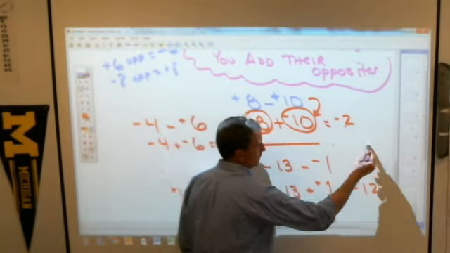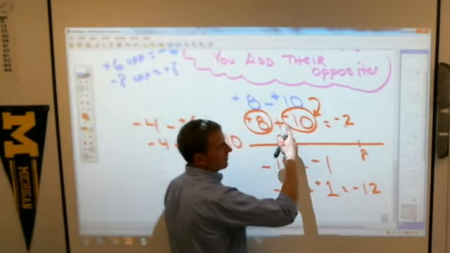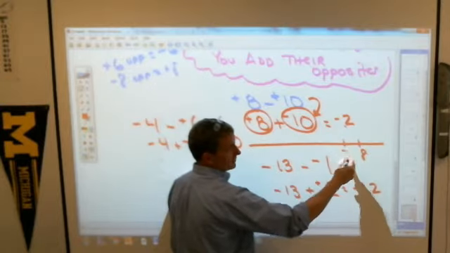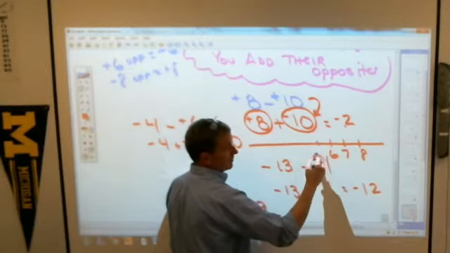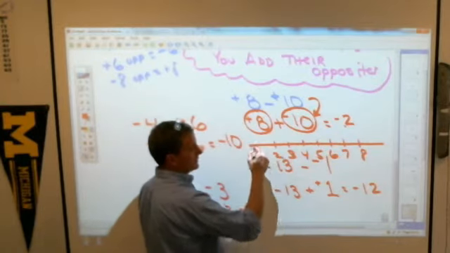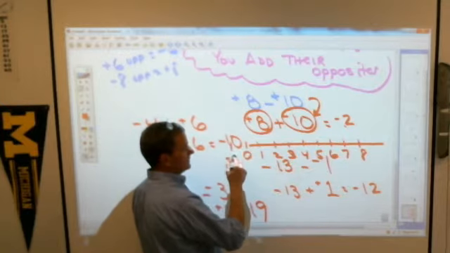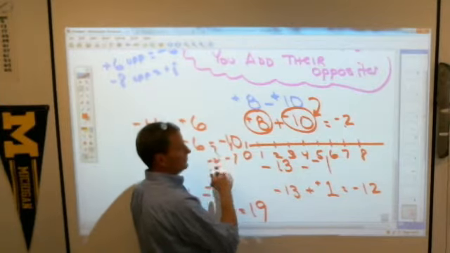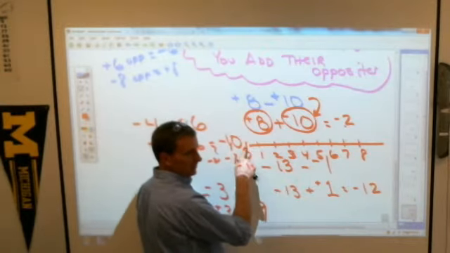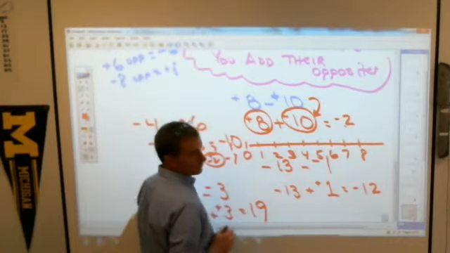Or, if you want to see it on a number line, you're starting at positive 8, and you have to come backwards 10 places. 1, 2, 3, 4, 5, 6, 7, 8, 9, 10 places backwards from 8. 8 places backwards gets you to 0. 2 more places back ends up being negative 2.